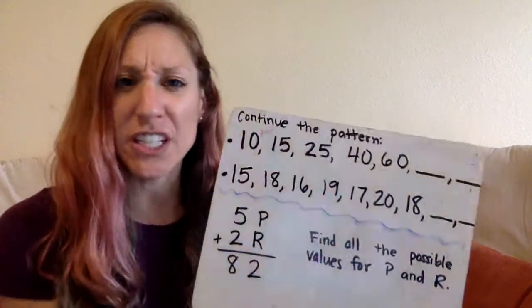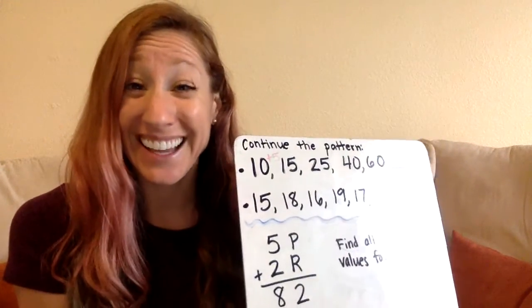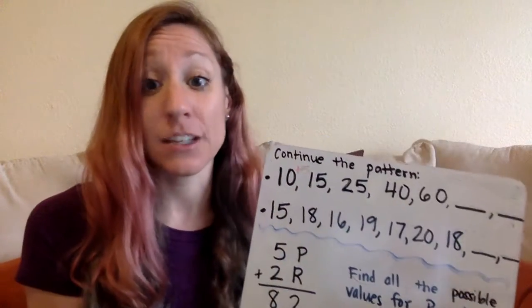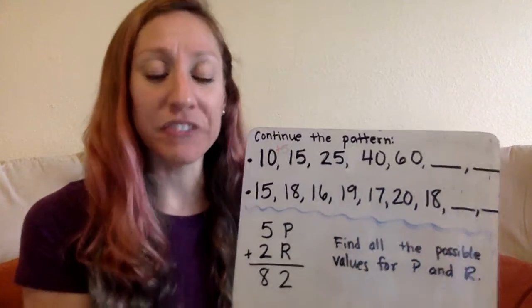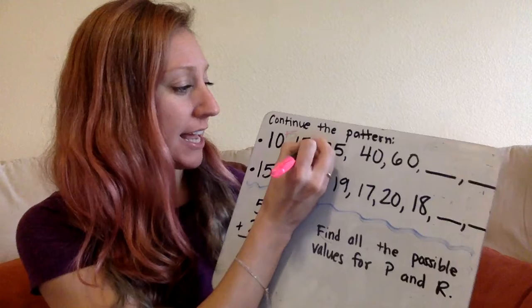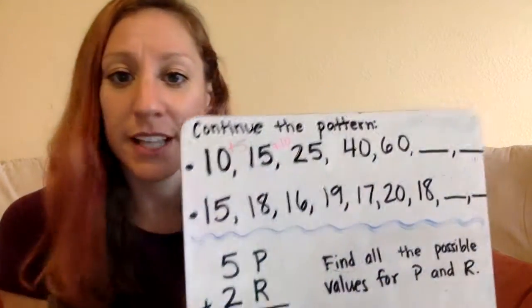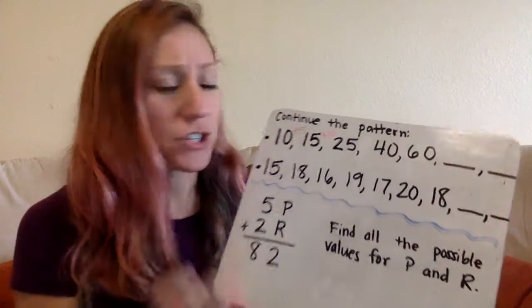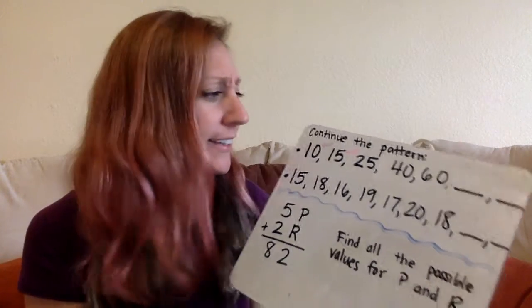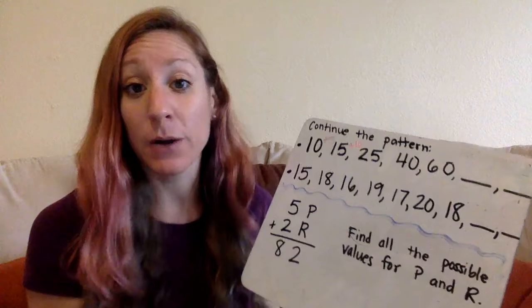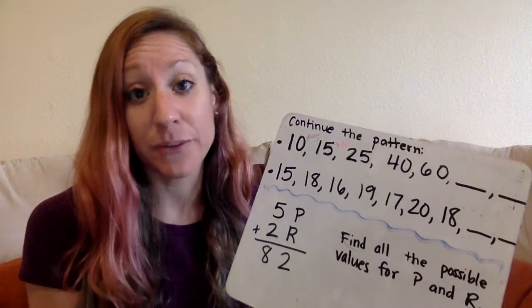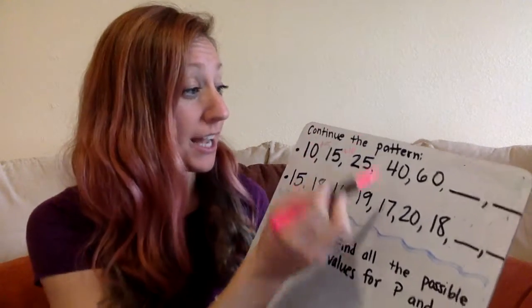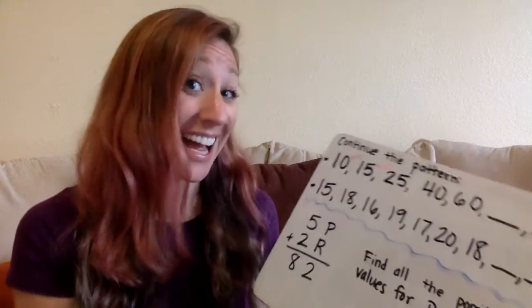But between 15 and 25, are we adding 5 again? If we did, we'd be at 20, but it skipped to 25. So we're going up 10. So plus 10. From 25 to 40, how did I get there? You could work backwards and subtract 25 from 40. You could count up by 5s.